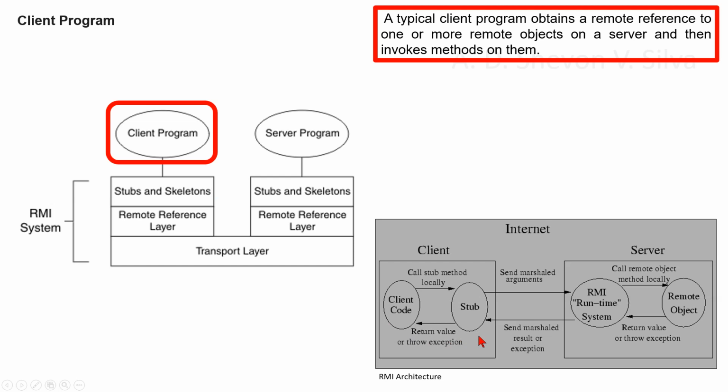Local method invocations on the stub class will be made whenever a client invokes a method on the remote objects.